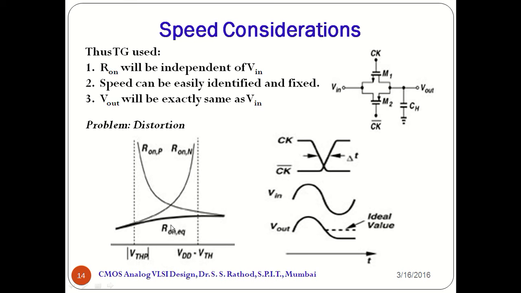Thus, if you plot the total resistance now, you can see that it is relatively independent. The Ron line is relatively straight as compared to Ron P and Ron N. For high-speed input signals, it is critical that the NMOS and PMOS switches in this case turn on simultaneously.